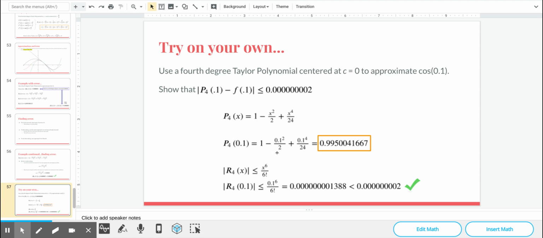In this case, it's x to the 6 over 6 factorial. And so I want to take this term, plug in my input value that I use for the approximation, and find the actual decimal. If you did that, you get this nice long decimal, which is definitely less than the value that you were asked to find. So we're good. Okay. All right. Hopefully you had some success with that. Let me know if you did not.